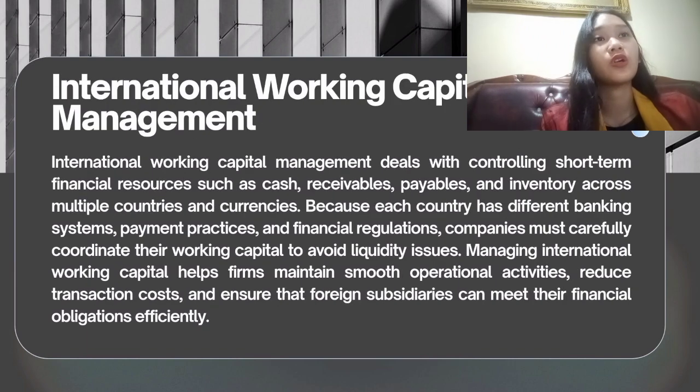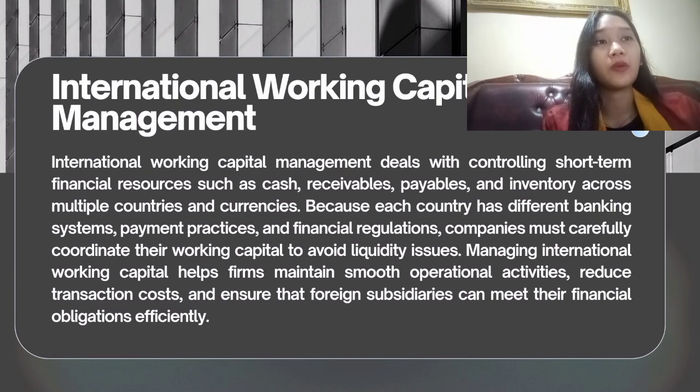And then international working capital management. International working capital management deals with controlling short-term financial resources such as cash, receivables, payables, and inventory across multiple countries and currencies. Because each country has different banking systems, payment practices, and financial regulations, companies must carefully coordinate their working capital to avoid liquidity issues.